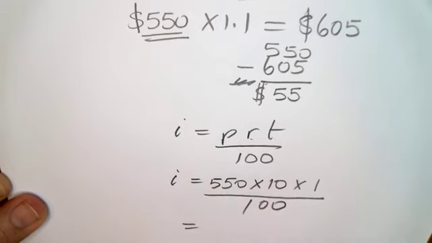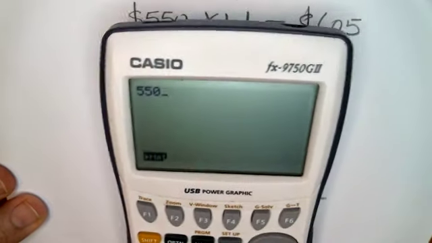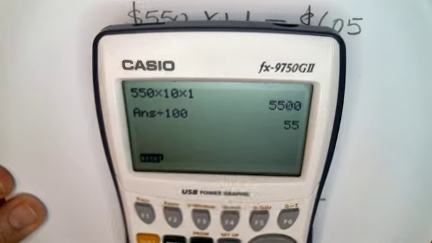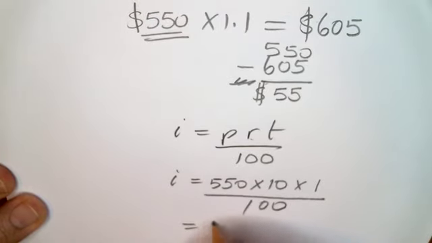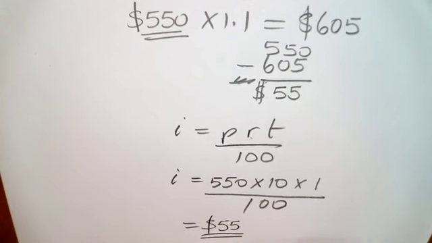So we've got 550 times 10 times 1 divided by 100. And we get $55. So the interest in the second year is going to be $55.